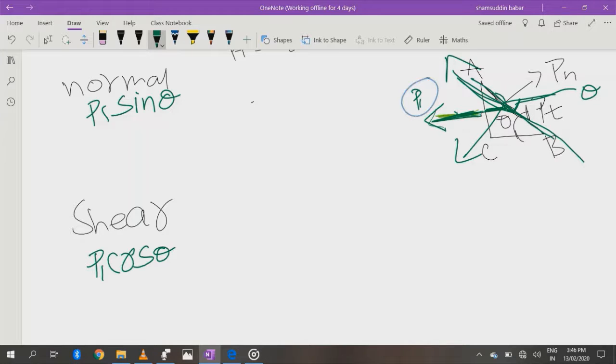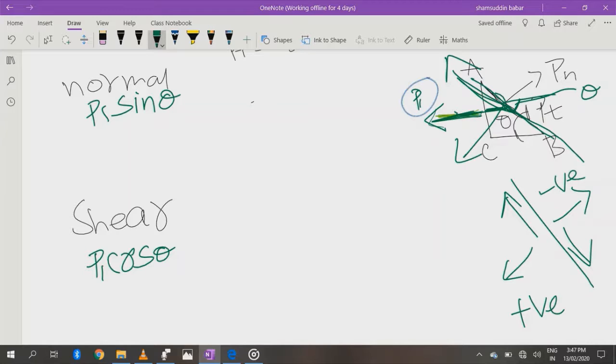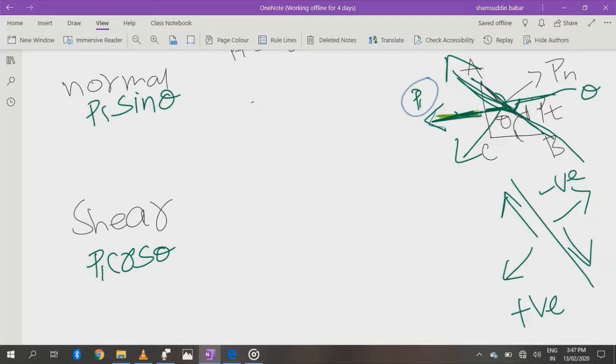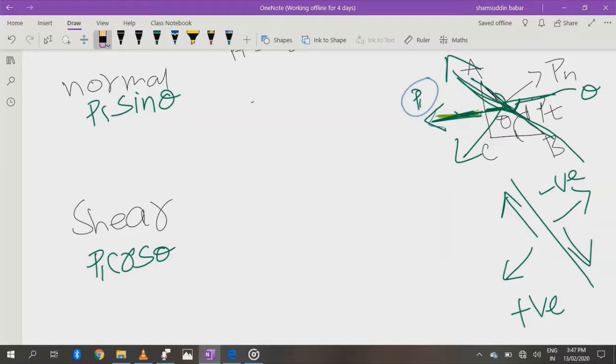So I'm making my sign convention, for example, this is my plane, so the direction in this and this is positive, and the other direction is negative. These are my sign conventions. I drew this sign convention with respect to my first force P1, so these both will be positive.